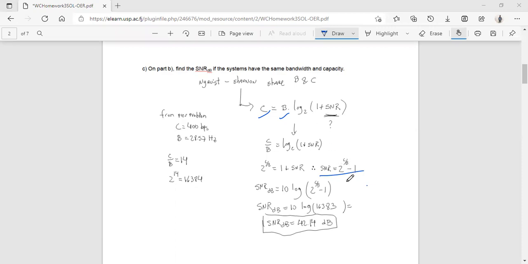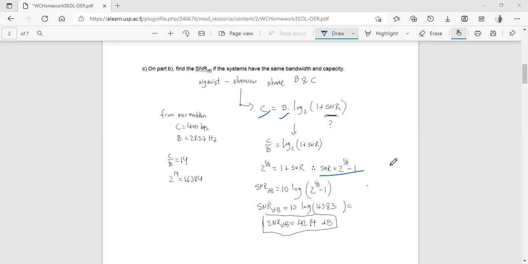And in order to find SNR in dB, since it states SNR in dB, isn't it? So SNR should be given in decibels. This SNR value is an absolute value, okay? So in order to convert this SNR into dB, what we need to do is take 10 log of the SNR value. We know SNR is equal to 2 to the power C upon B minus 1, right?